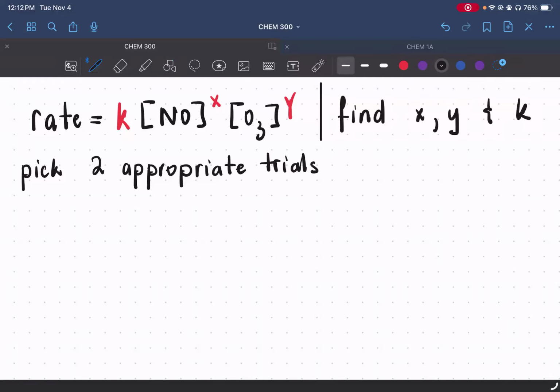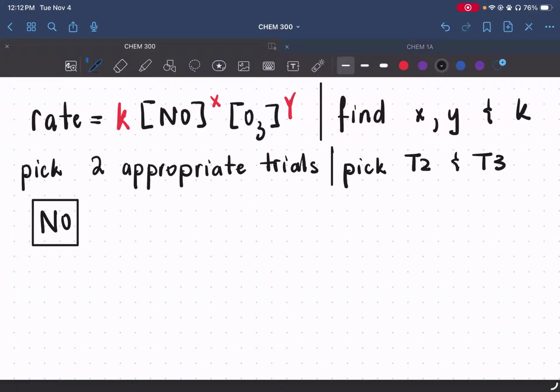We're starting off on the left with NO. So I'm just going to put this nicely in a box so we don't forget it. And the trials we picked, I will simply write T2 and T3, where of course T stands for trial. We are going to compare the two, trial 3 over trial 2.